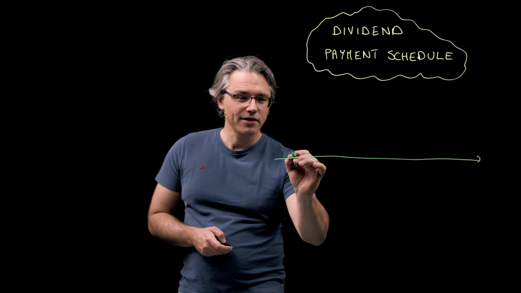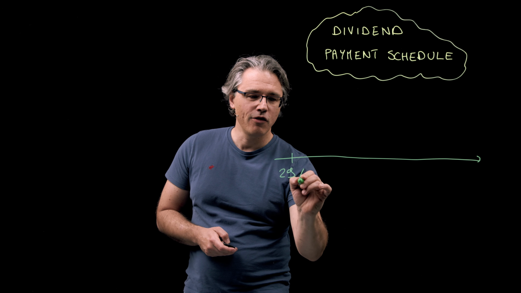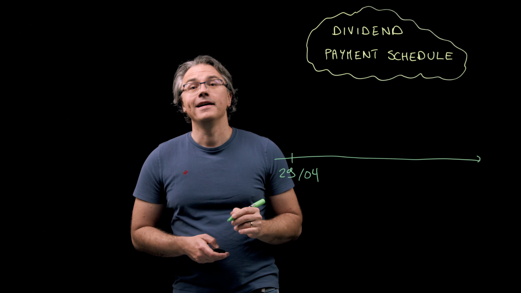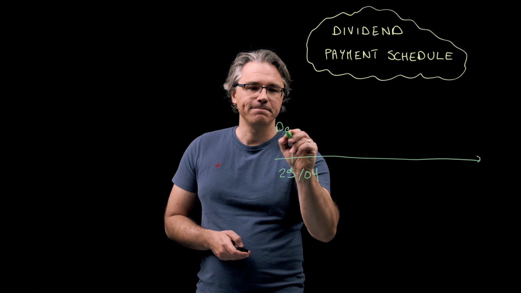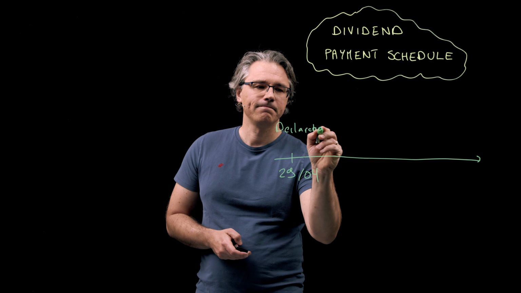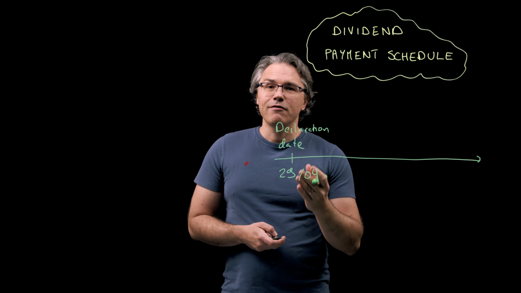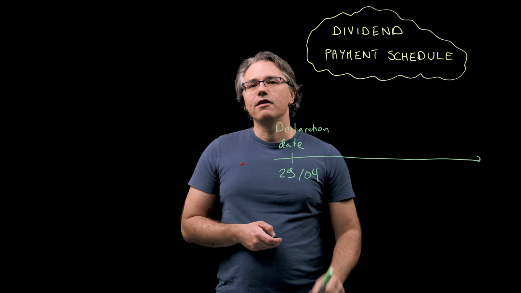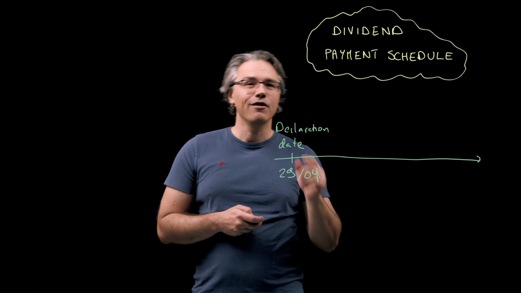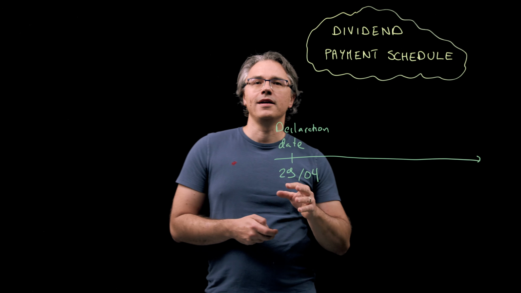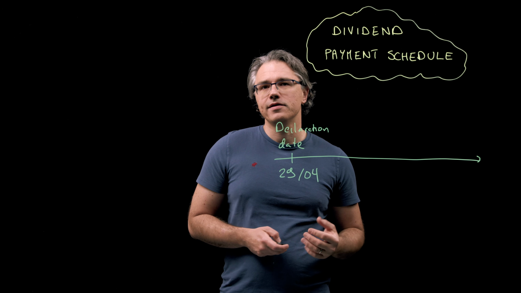Over here, I'm going to have the 29th of April, the declaration date, which is when the company naturally announces how much dividend it is going to pay. And this is typically also the date on which it presents its quarterly results figures.